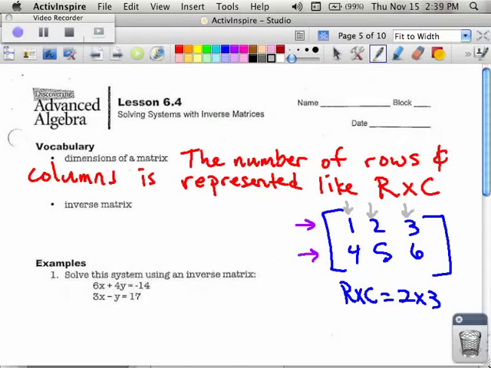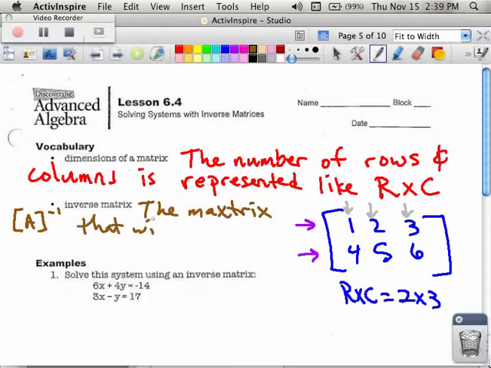And an inverse matrix, in the second part, is a matrix that we'll see in our calculator later. It looks like this. It'll say A with a little -1 above it.